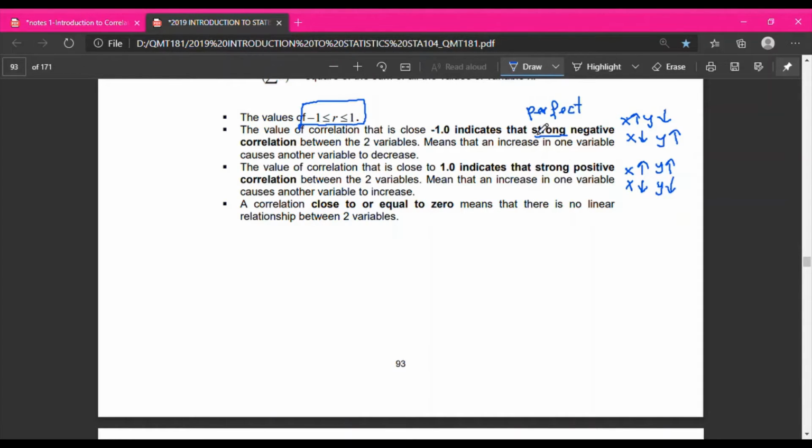If the correlation is close to or equal to 0, it means that there is no linear relationship between the two variables. If the value that you get is equal to 0 ataupun dekat-dekat dengan 0, like 0.001, that means there is no linear relationship between the two variables.